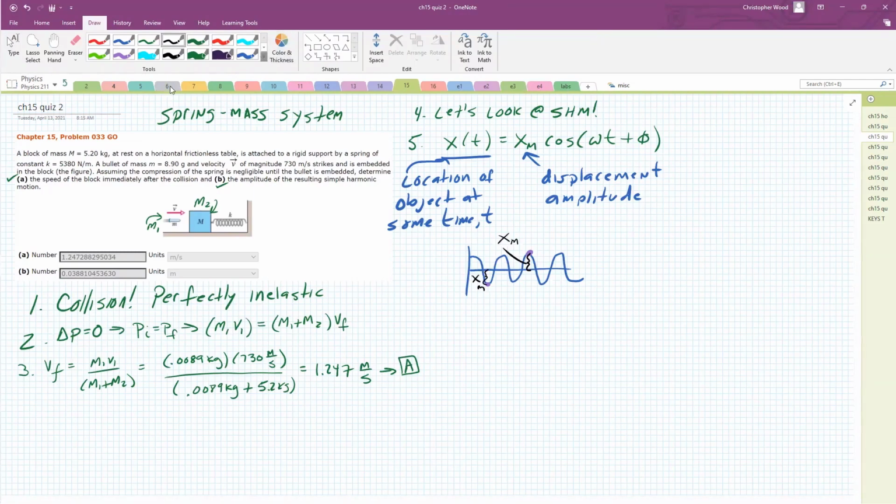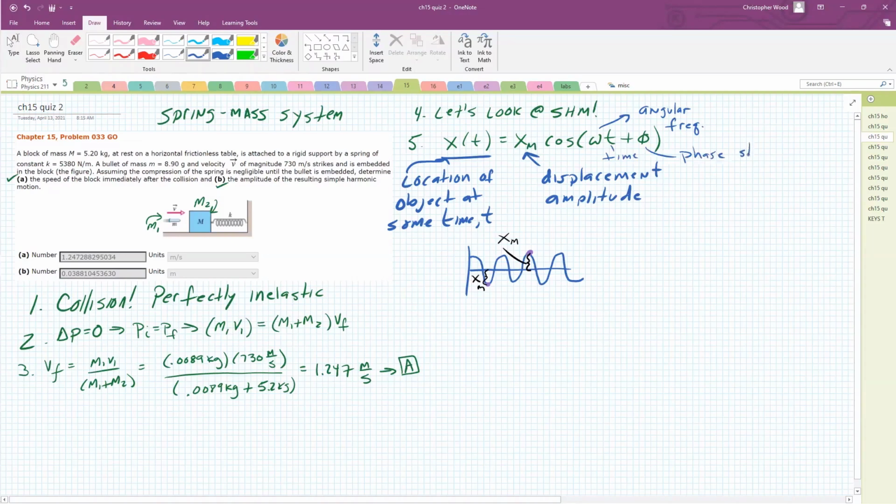This is just for the sake of repetition. This is the angular frequency because the units are radians per second, which is a frequency. T stands for time. And then this is phase shift. So phase shift basically keeps track of whether the object has a head start or is lagging behind.